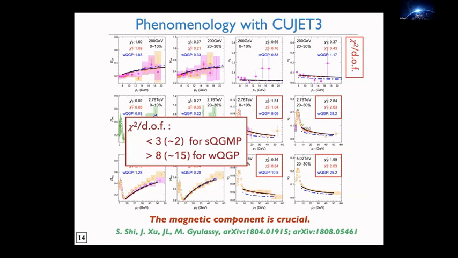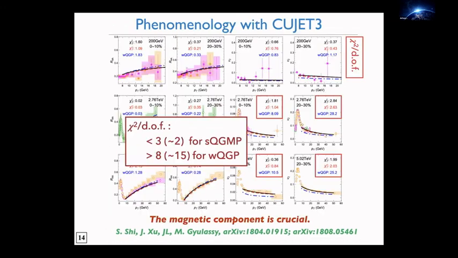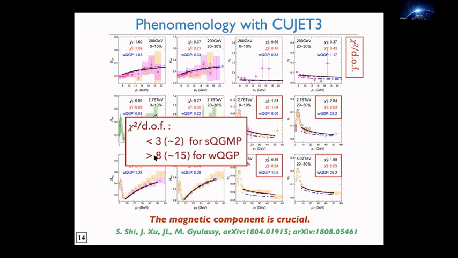Now, you may say that seems trivial, that you are bound to get a good description of data. But it's not so trivial, actually. You can do the same game for other models. Let's say we take CJET 2, weak QGP. You use those data to try to minimize your chi-square, but the best you can do is only about 8 to 15 for weak QGP.